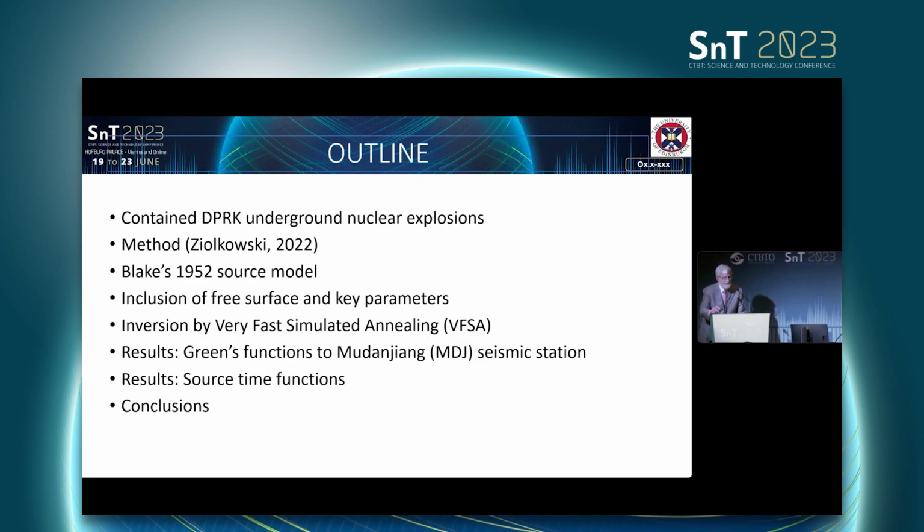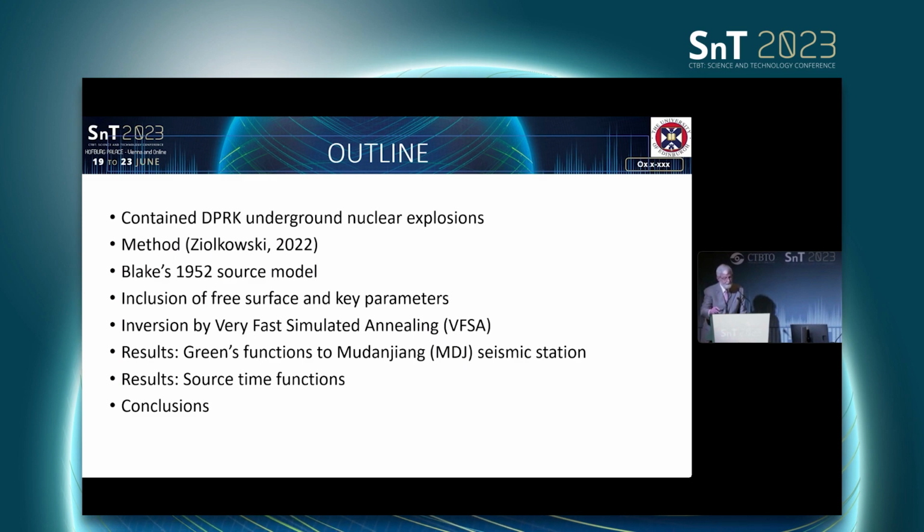So here's an outline of my talk. I'm going to say what is meant by contained underground nuclear explosions. I'm going to describe the method, which was published a year ago in Geophysical Prospecting, when I looked at explosions from small charges of about a kilogram, more than 6 orders of magnitude smaller than the explosions at the DPRK test site.